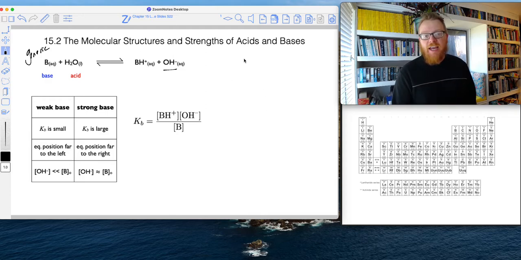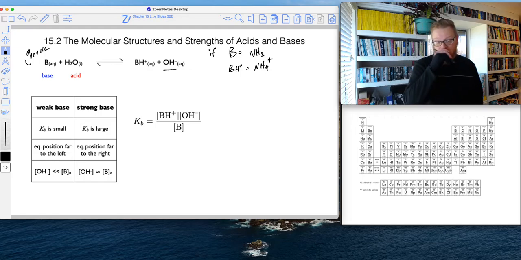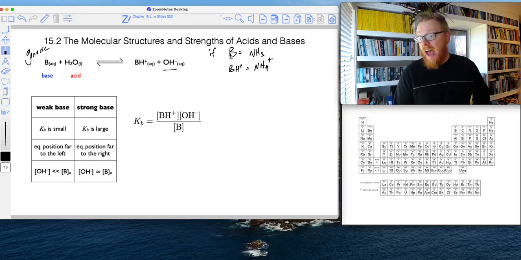So just so we understand how to use this generic style reaction, for example, if B equals NH3, then BH plus has to equal NH4 plus. Okay, so hopefully that makes good sense, because we're going to see more than just ammonia for weak bases. As long as we recognize we just add H plus to that formula, then we can apply this generic formula to any weak base.